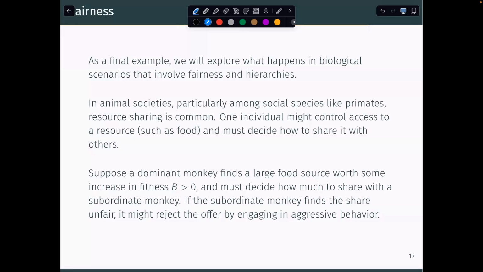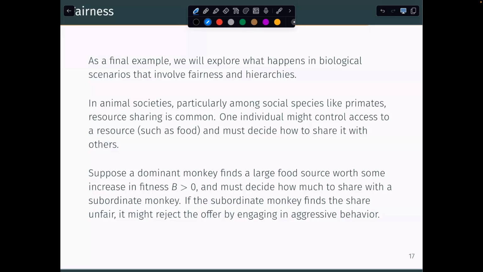Anyway, the point is that many species, including primates, the idea of some kind of resource sharing in these social communities is quite common. And there also can be hierarchies within these. You might think of a silverback gorilla as being a dominant ape. There may be some in dog packs as well, alpha females and males.